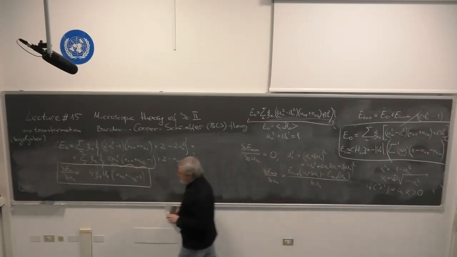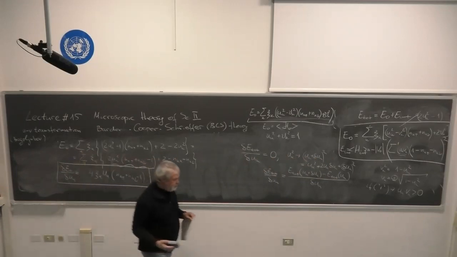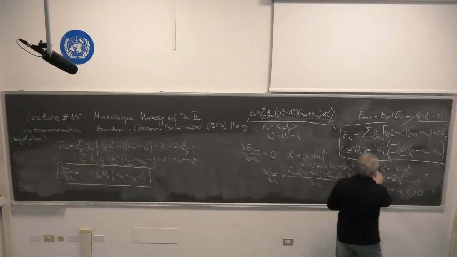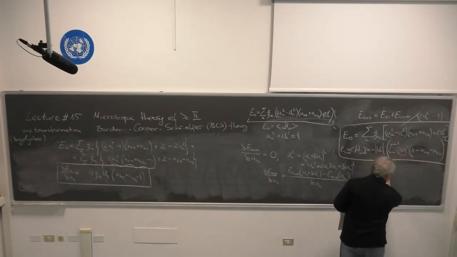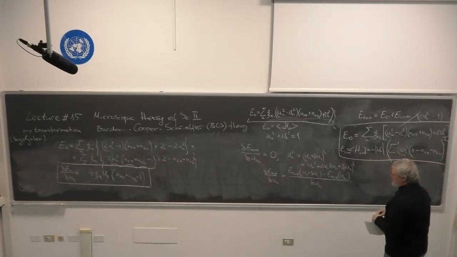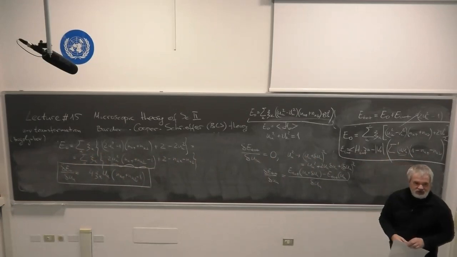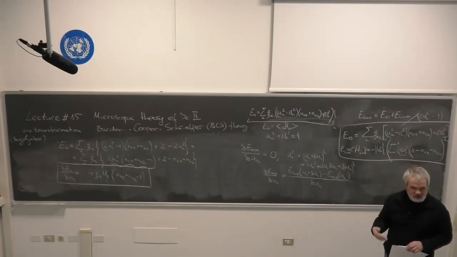Let me rewrite it here. I hope that you remember how we took the functional derivative when deriving Ginzburg-Landau. It is pretty much the same, except that for the Ginzburg-Landau equation I took the derivative of the function assuming that my order parameter is complex.